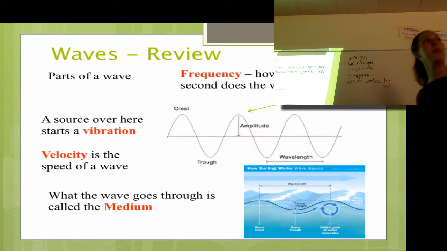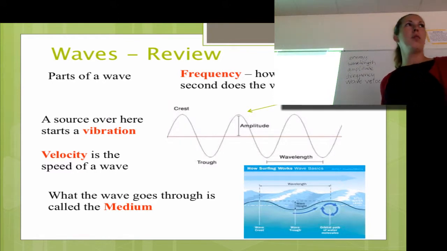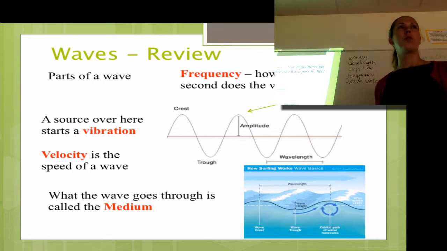And waves travel through a medium, such as air or water or clay or earth. Most waves that we deal with have to travel through some kind of medium. That's something I said that's not on the slide, so you might want to get that in your brain.